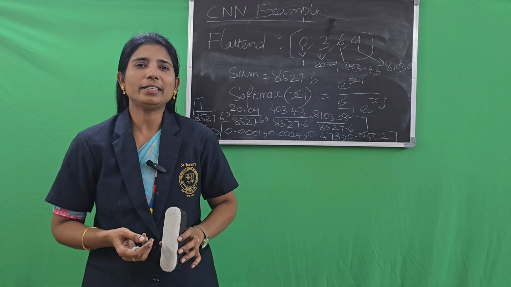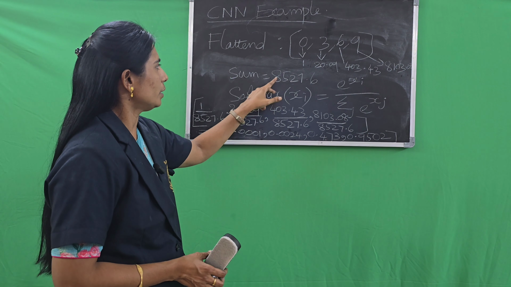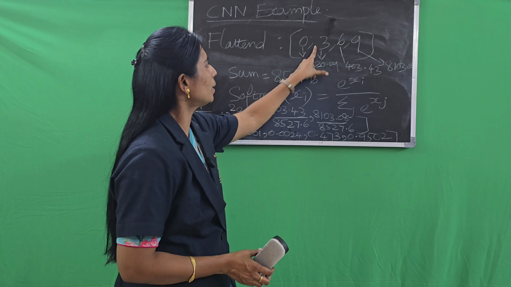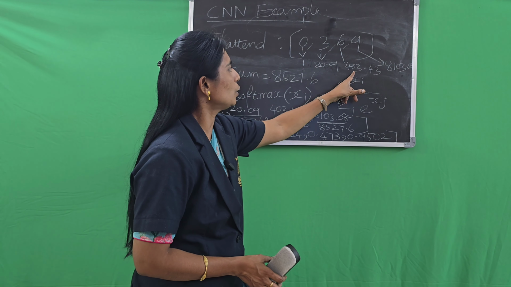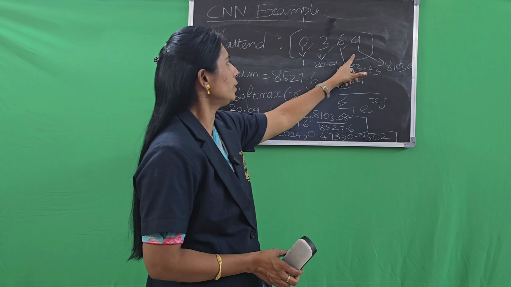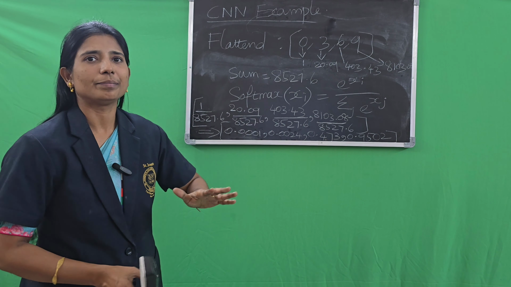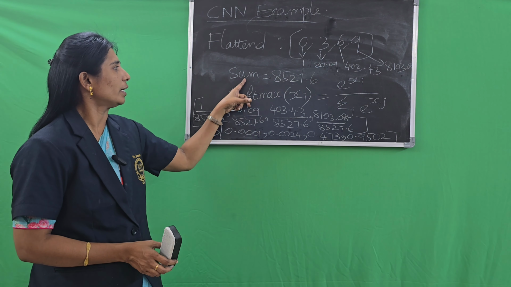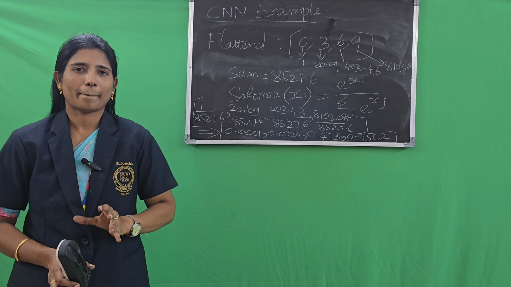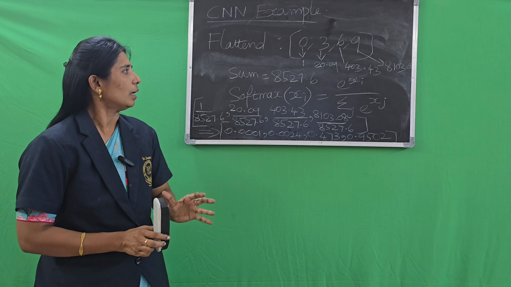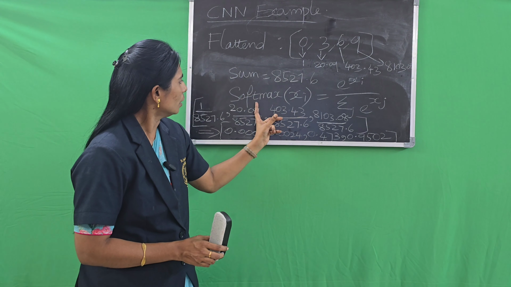So now let's find the e power values of the flattened pooled output. E power 0 is 1, e power 3 is 20.09, e power 6 is 403.43, e power 9 is 8103.08. The sum of them together is 8527.6.